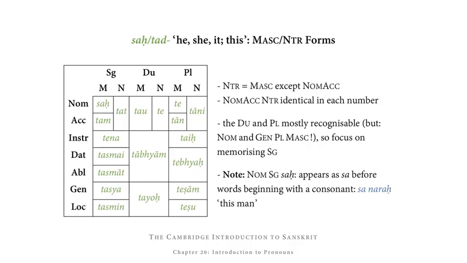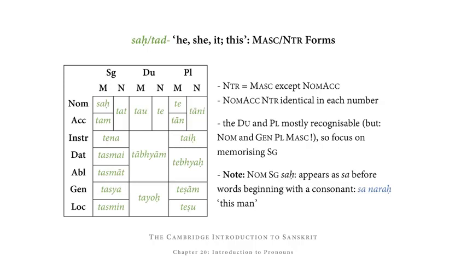What we have here are the masculine and neuter forms, and just as in many other stems, the neuter is different from the masculine only in nominative, vocative, and accusative. And here we actually don't even have a vocative. And the reason for that is that in a third person pronoun, we only have forms that talk about someone or something, he, she, or it.